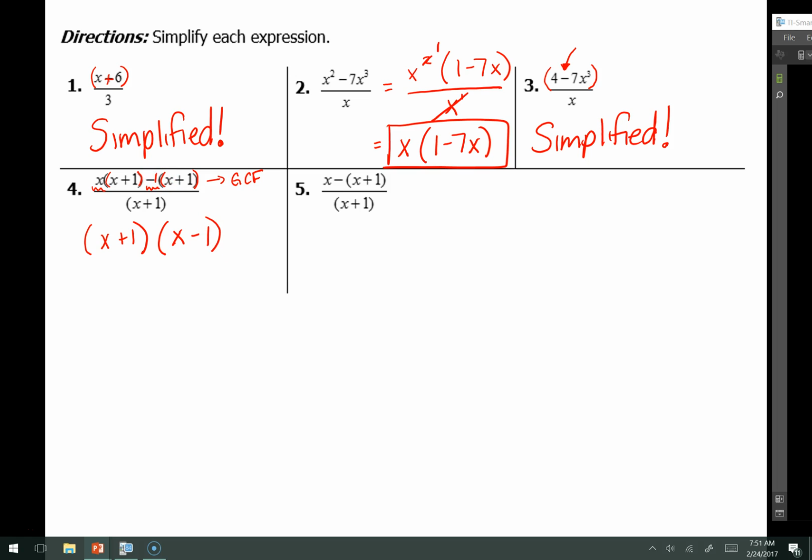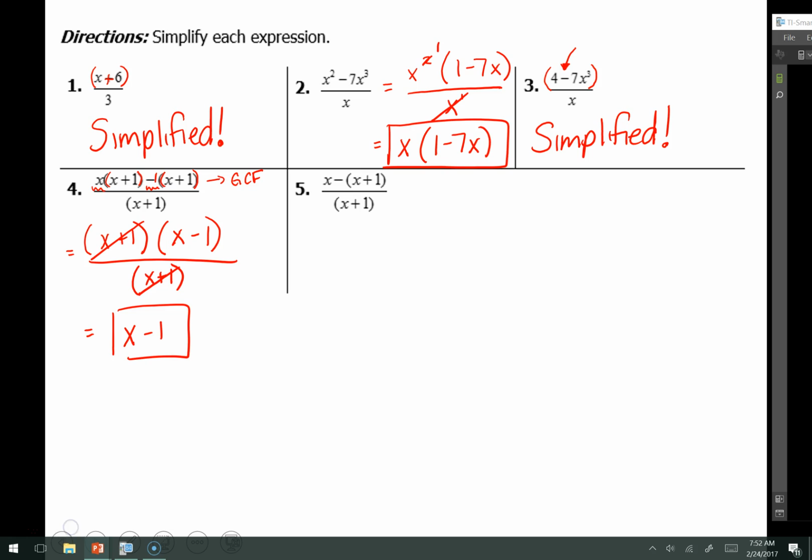And then down in my denominator, I have x plus 1, that factor. Now here's an example of where those factors, that are binomials, are going to divide out. There's an x plus 1 in the top and also in the bottom, so they divide out, and that leaves us with just x minus 1.